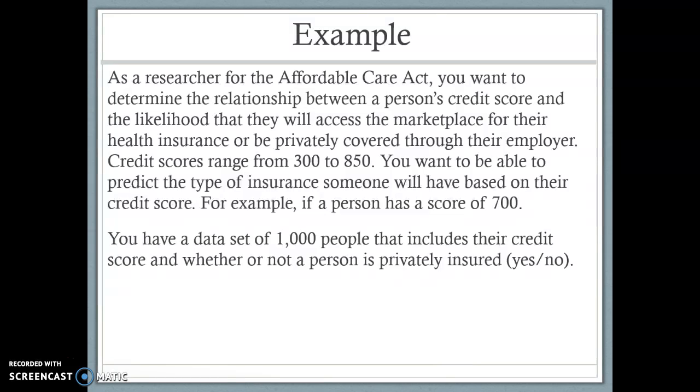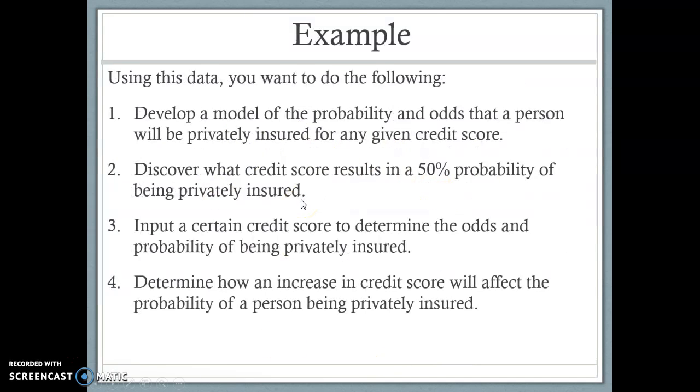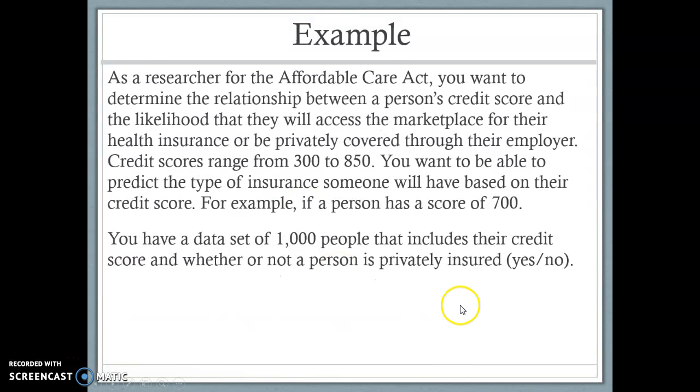So I might want to just get big data to see the relationship so that I can make predictions, and see the probability that someone's going to use public insurance versus private, all those things we just talked about. So we get a data set of 1,000 people. We ask them their credit score, and whether they're privately insured or not, yes or no. So our outcome is dichotomous.